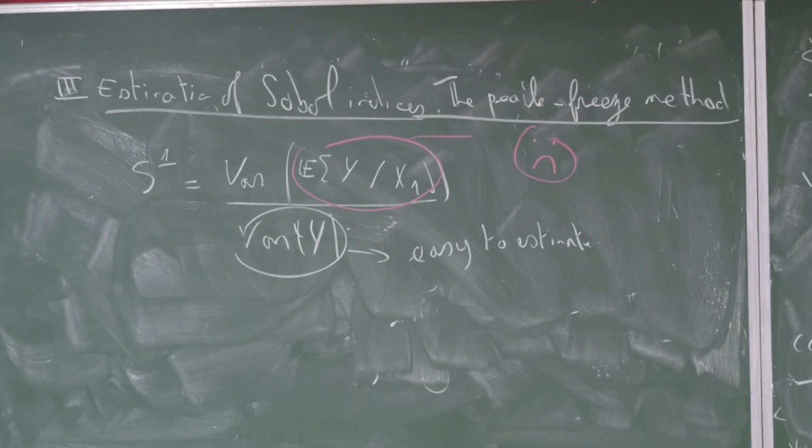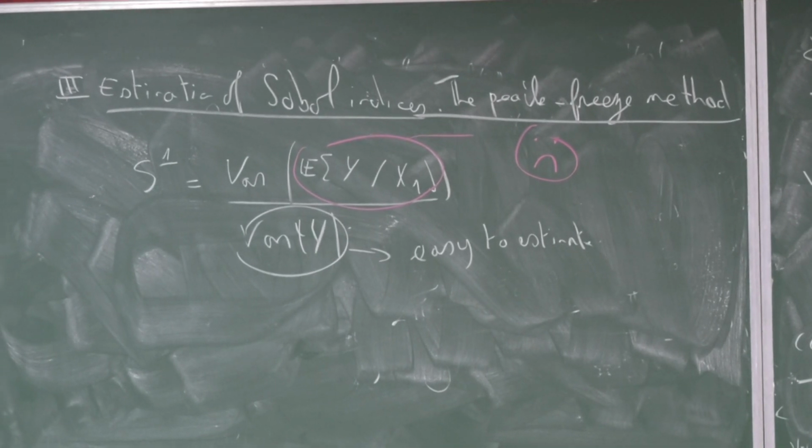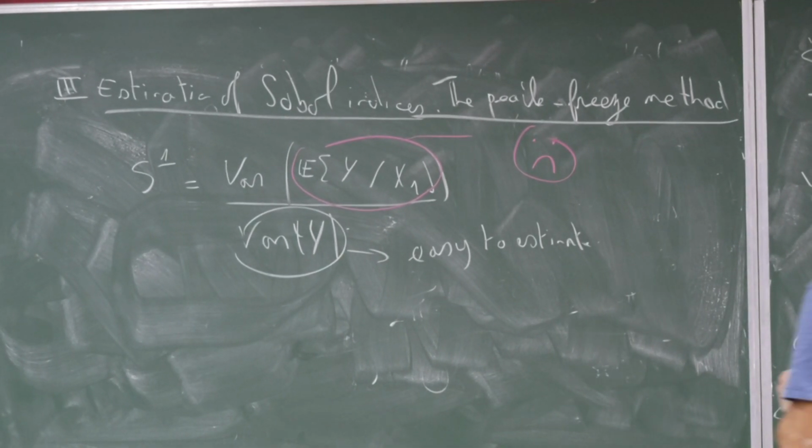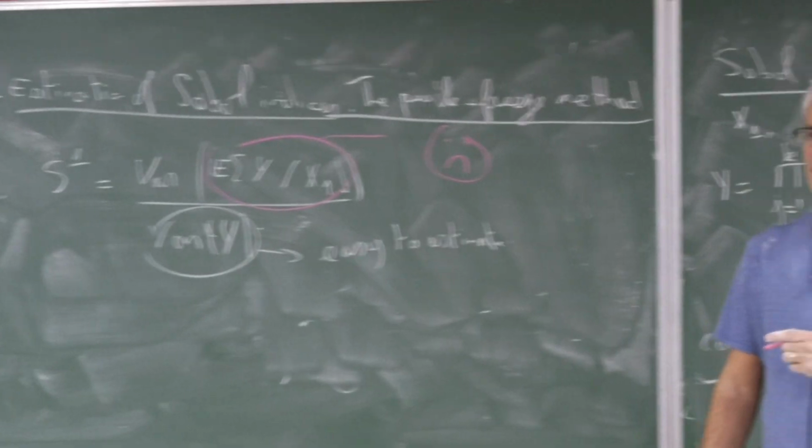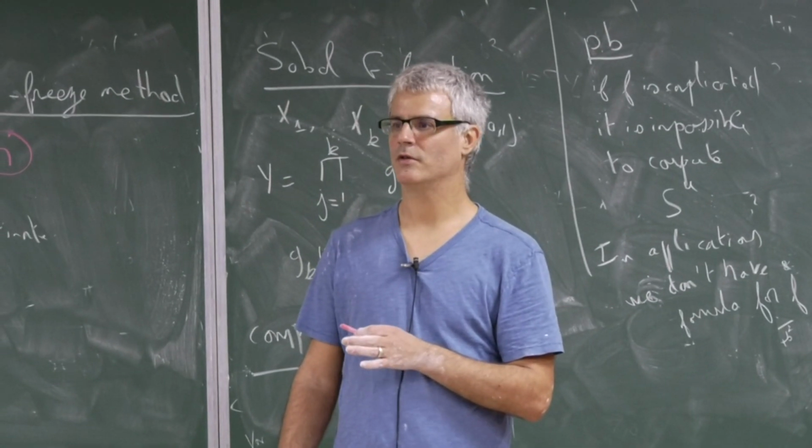I gave you examples where it's very easy to compute the conditional expectation, but if I give you not a function that I built for an exercise, in practice it's just impossible to compute conditional expectation. So estimating the variance of the conditional expectation seems difficult, hopeless.